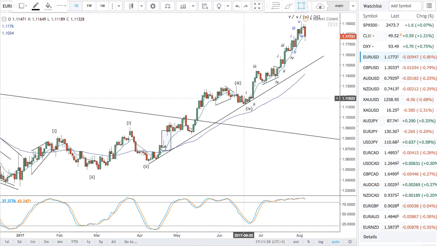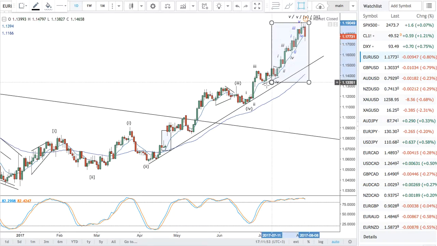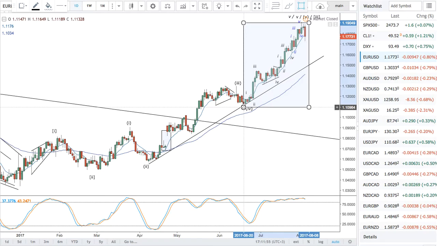Now wave 5 extends here. We have 1, 2, 3, and 4, and then wave 5 of 3 extends, and then the final wave 5 extends as well. That's the view I'm holding. So wave 5 of wave 5 of wave 5 of 3 has extended.